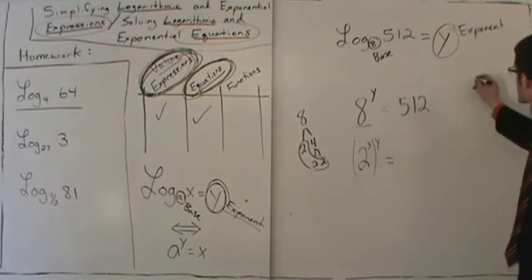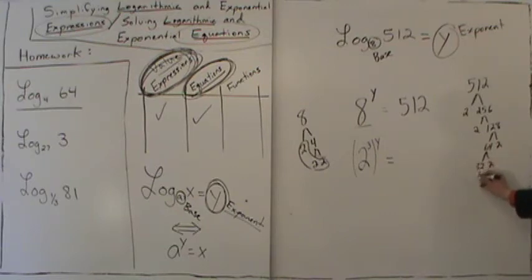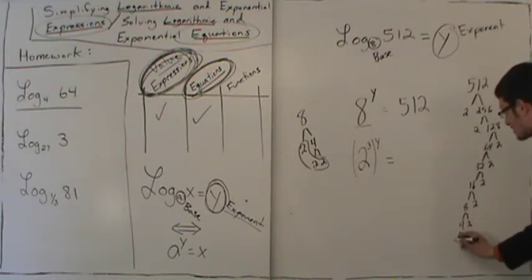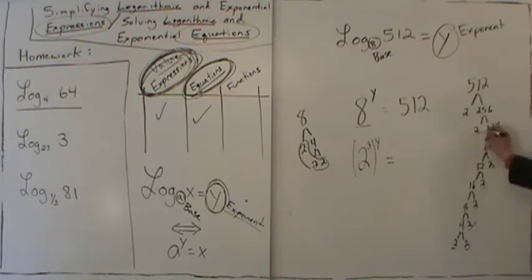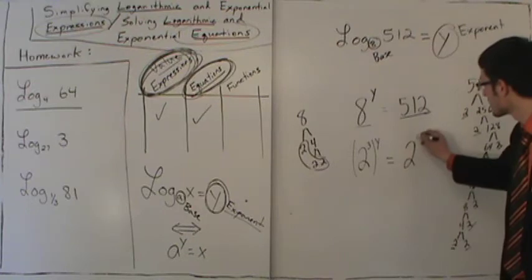And take the 512 and break it down. 512 is 2 times 256, which is 2 times 128, which is 2 times 64, which is 2 times 32, which is 2 times 16, which is 2 times 8, 2 times 4, 2 times 2. We have 1, 2, 3, 4, 5, 6, 7, 8, 9 2's. So we're going to say that 512 is 2 to the 9th power.